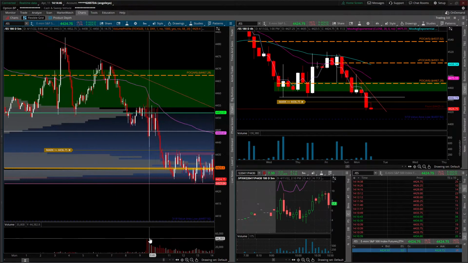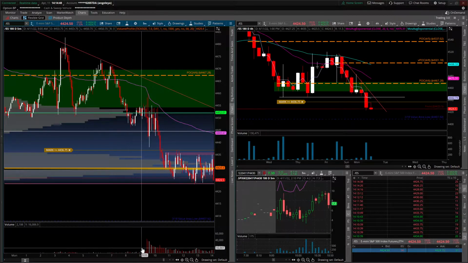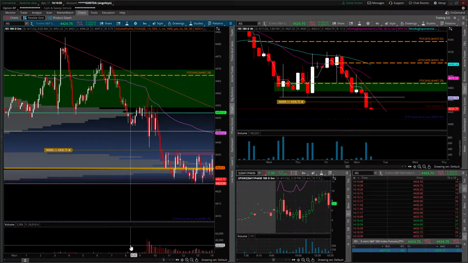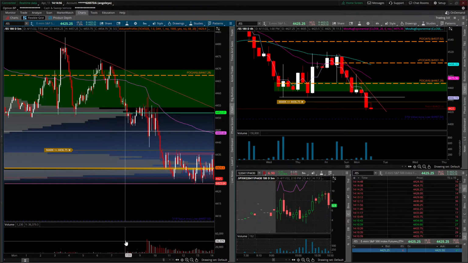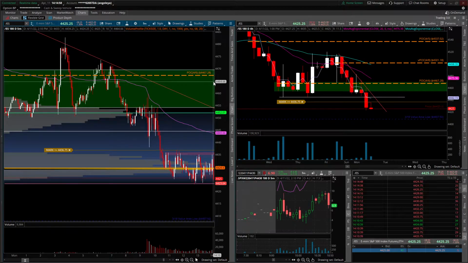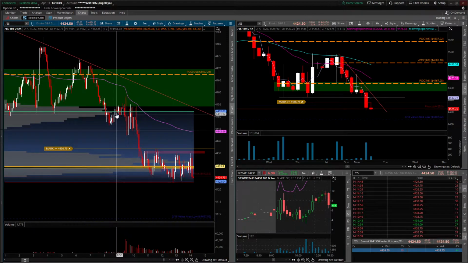If you guys see right here at the bottom, this lack of volume is pre-market. This was all between, as you see, like 8 in the morning. So right around 7 actually is when I got on here. I'm sitting here watching this, and I see that we go up and we're bouncing on my demand zone here.